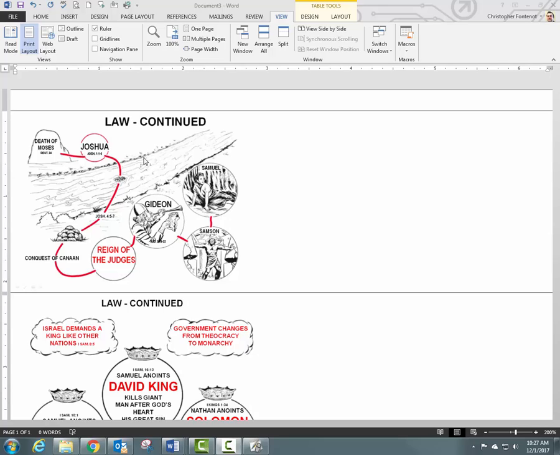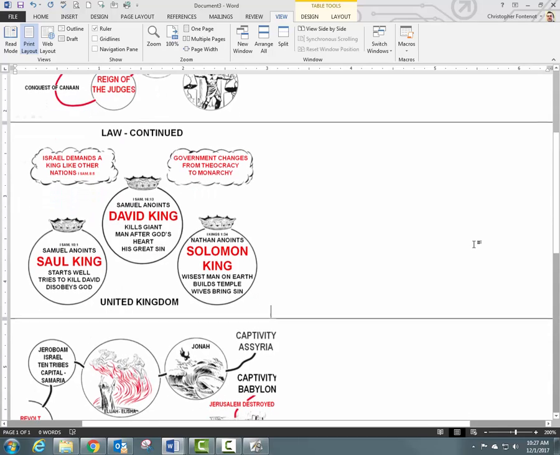It starts with this chart here, I think it's 23, and goes from the death of Moses, Joshua entering into the promised land. It covers the book of Judges also on this chart. So those 2 charts are covered there. The next chart goes into the United Kingdom years, 3 kings, Saul, David, and Solomon.